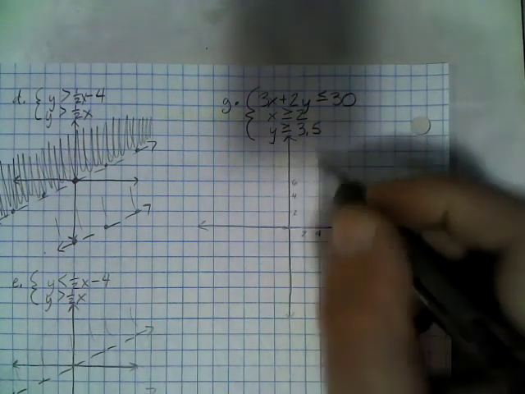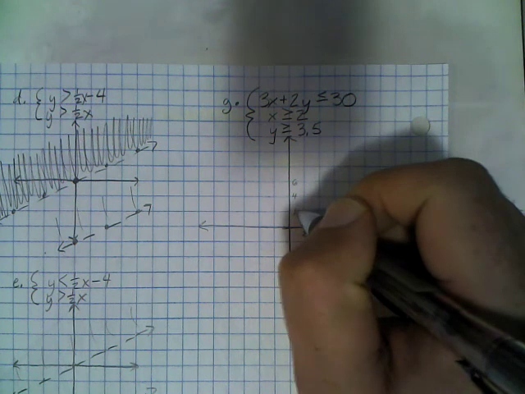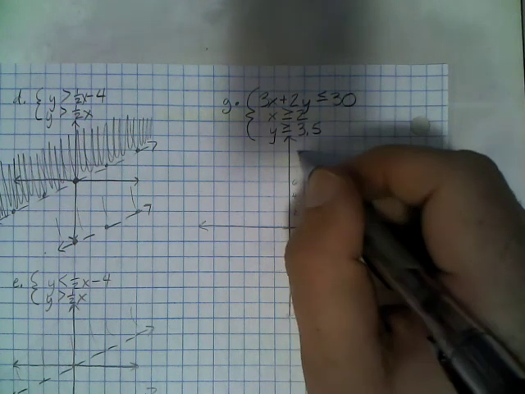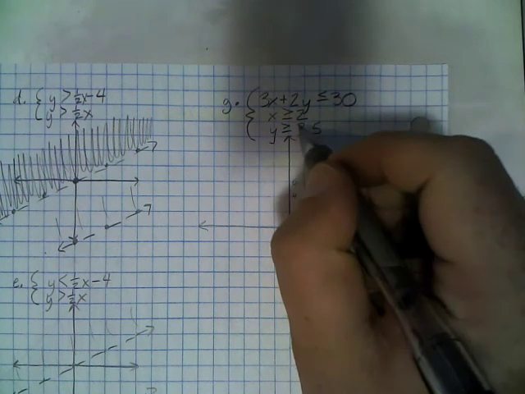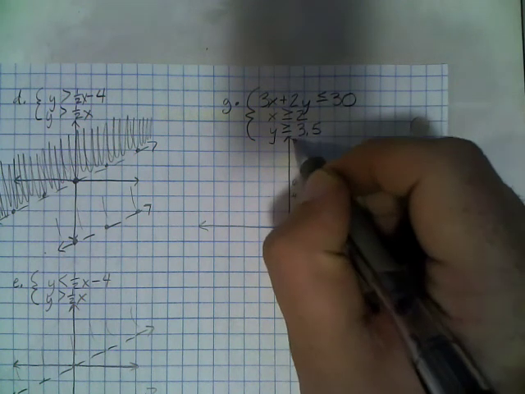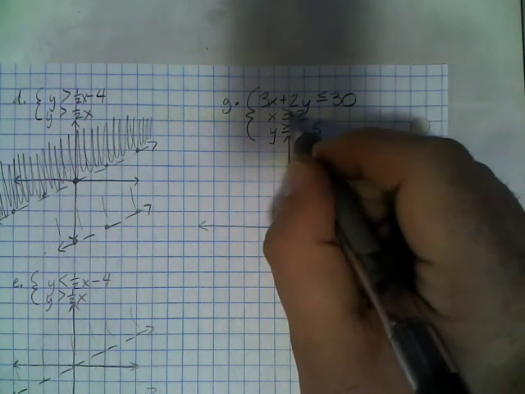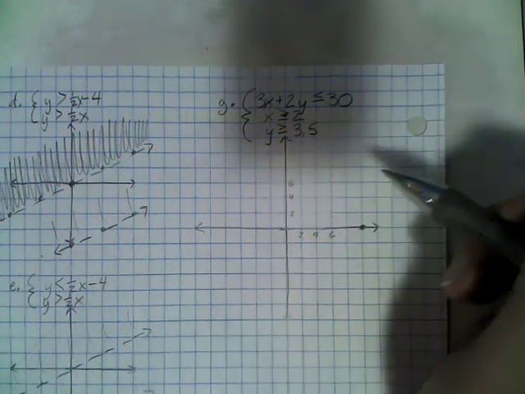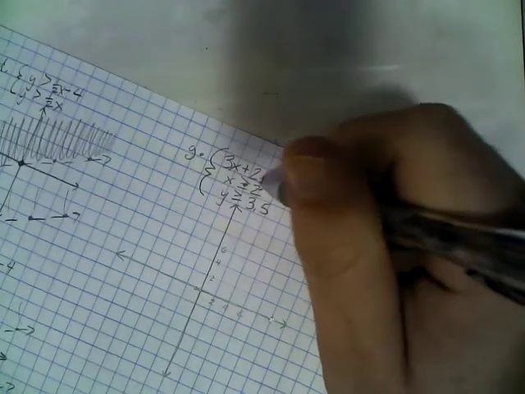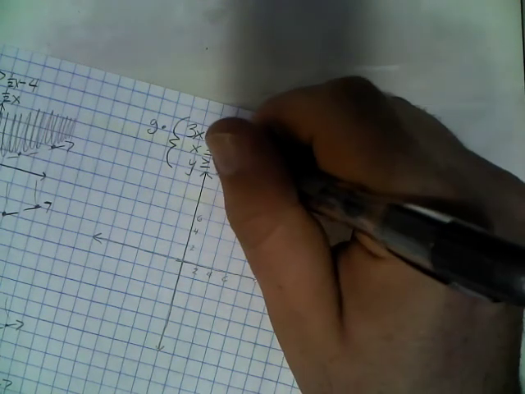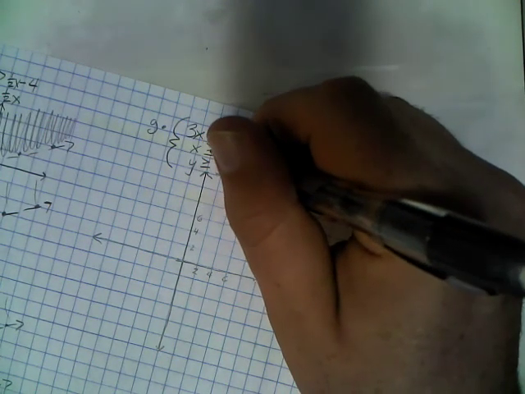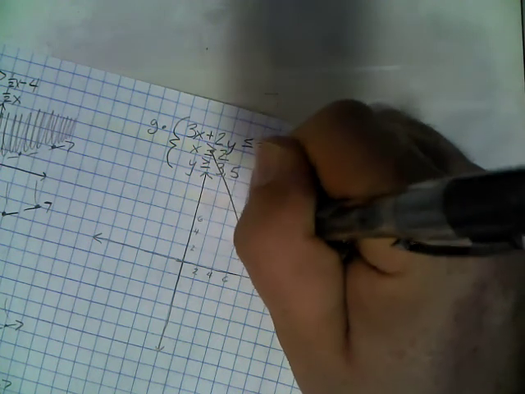Therefore, y equals 15. So 2, 4, 6, 8, 10, 12. I didn't quite make this big enough. So 15, that was 12, 14. 15 would be way up here. So plan ahead a little better than I just did there, ladies and gentlemen. And it says or equal to, so that means it's going to be a solid line between those two.